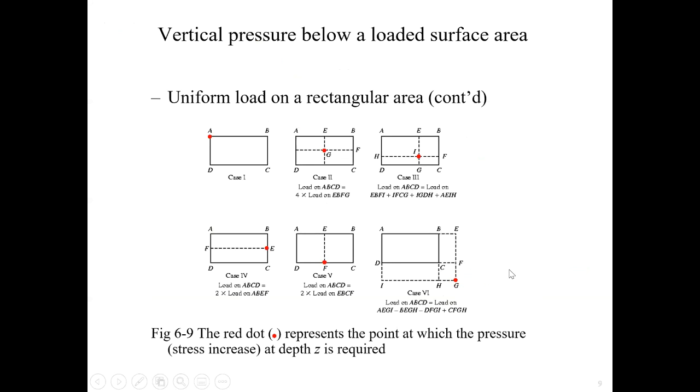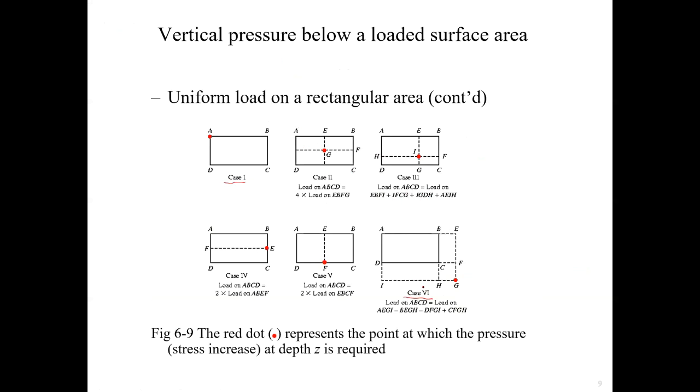Those shapes? Yeah. Okay. So this chart shows us the different scenarios of vertical stress increase at any point below the rectangular loading area. In total, we have six cases, from case 1 to case 6.